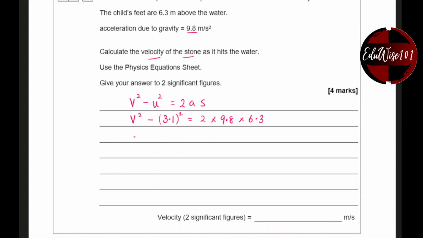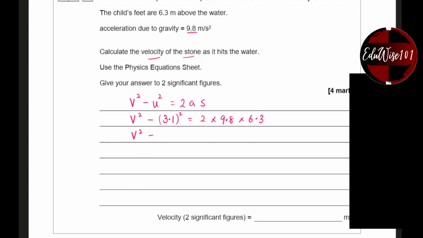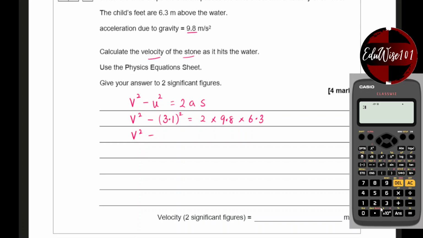Before I rearrange it, let's simplify this. 3.1 times 3.1, which is basically the square, that would give me 9.61. Equals, let's find the value on that side, 2 times 9.8 times 6.3.